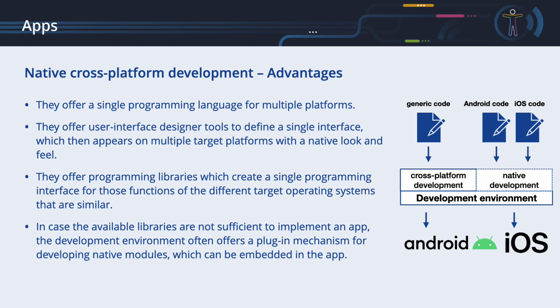They offer user interface designer tools to define a single interface, which then appears on multiple target platforms with a native look and feel. They offer programming libraries, which create a single programming interface for those functions of the different target operating systems that are similar.